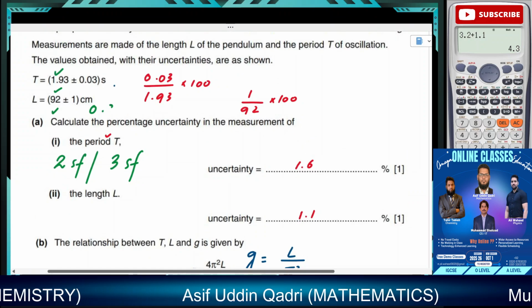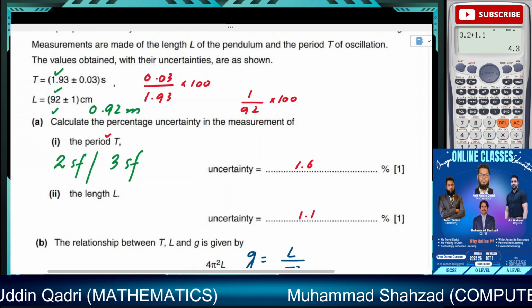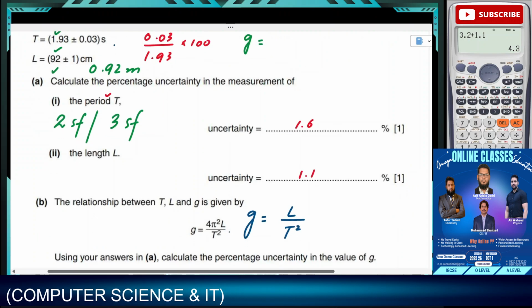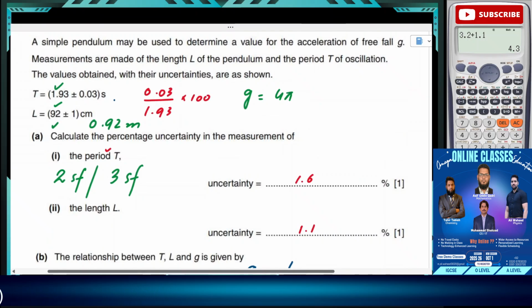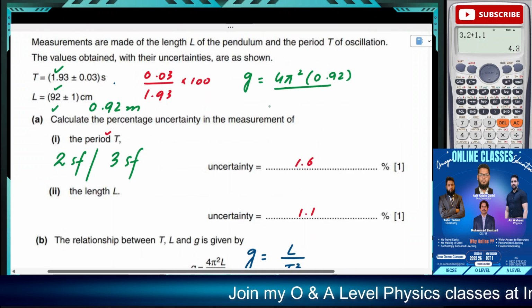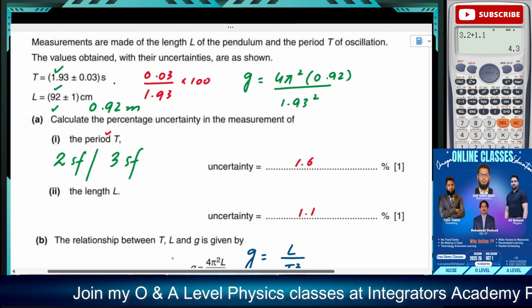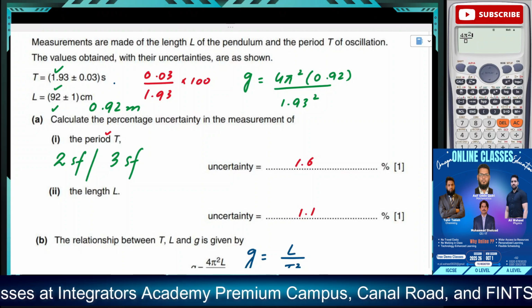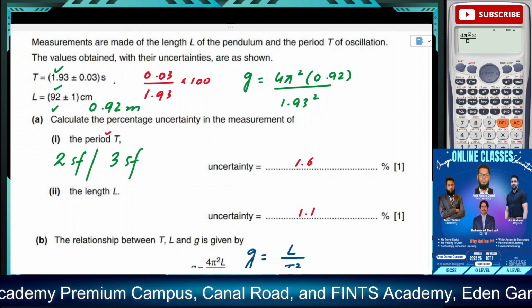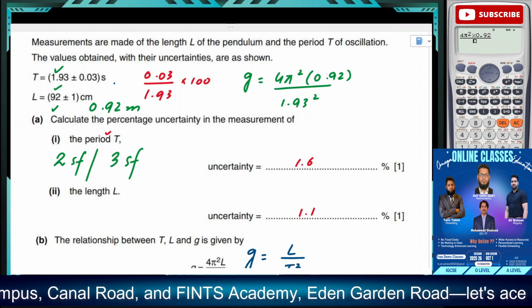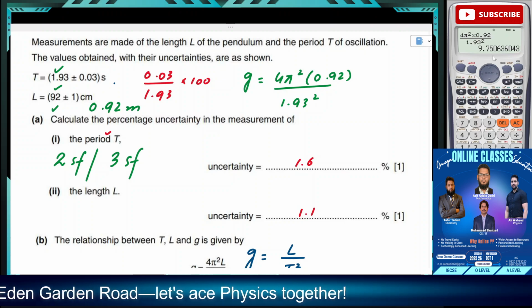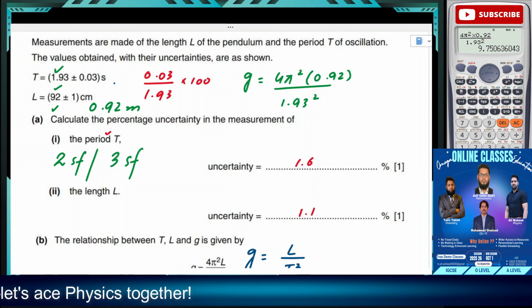So 92 cm would be 0.92 meters, and g equals, the expression is 4 pi squared L divided by T squared. So 4 pi squared times 0.92 divided by 1.93 squared, and we get 9.75.